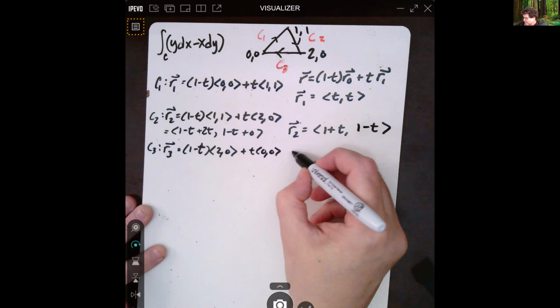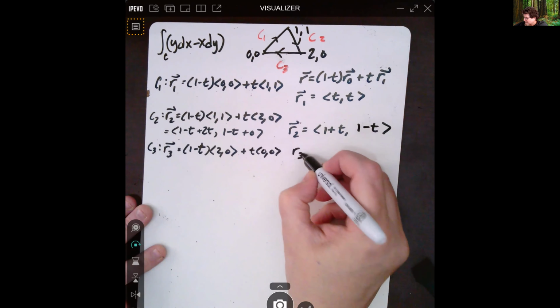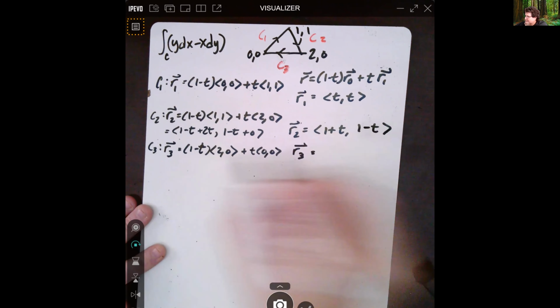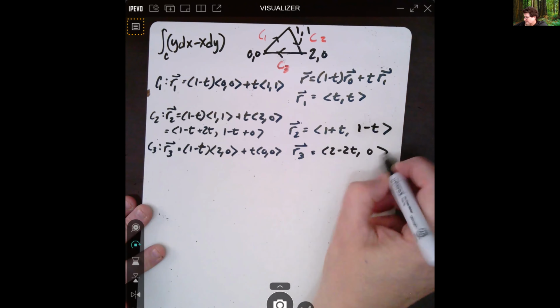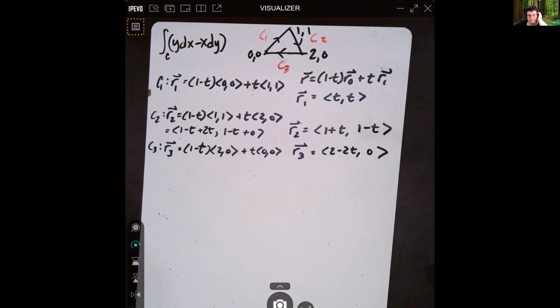It looks like the only component we have for R3 is 1 minus t times 2, so 2 minus 2t, comma 0. I'll give you guys a second to pause and catch up with that. Make sure we're all on the same page.